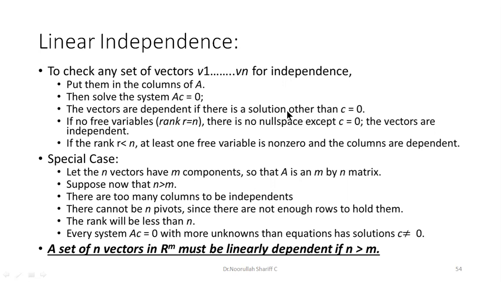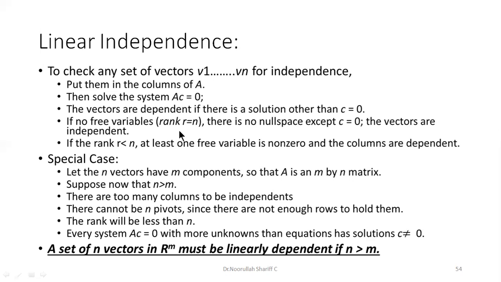If the rank is equal to n itself, if no free variables are there, then it will correspond to linearly independent. If you don't have any free variables, then there is no null space except C equal to 0, and the vectors are independent.